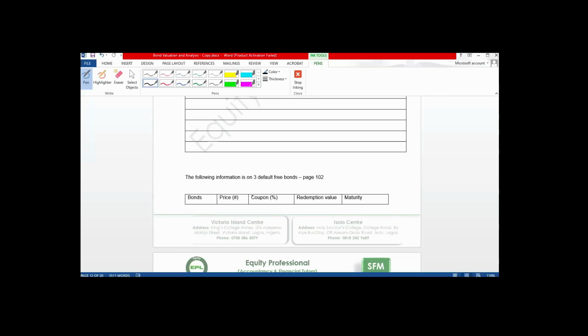Once you know how to do it very well, no problem. It is allowed to do annuity when you are doing YTM. But please, you cannot do annuity with duration.